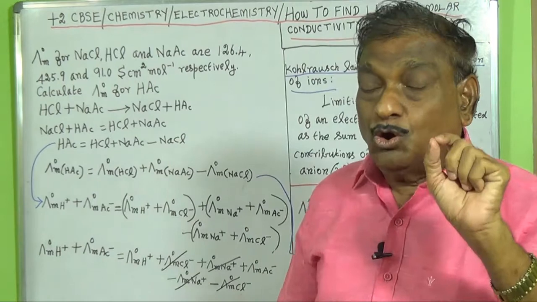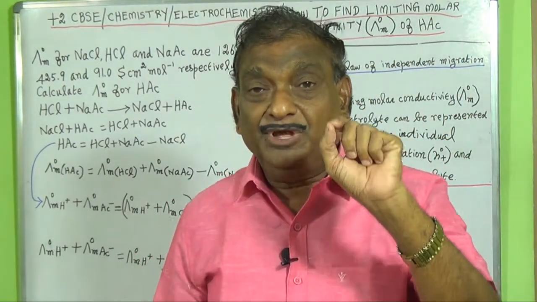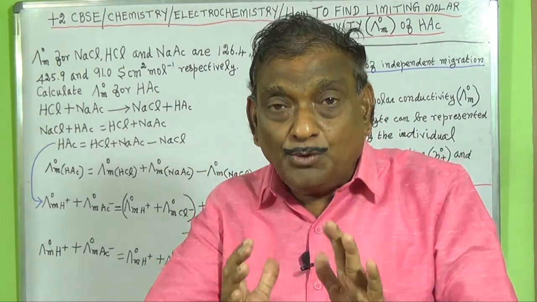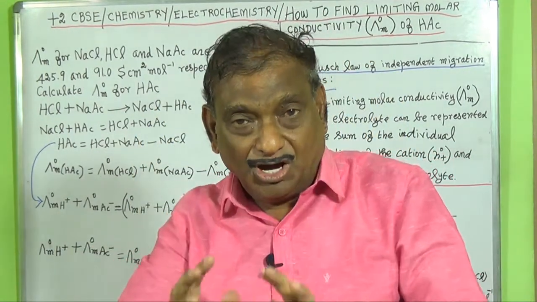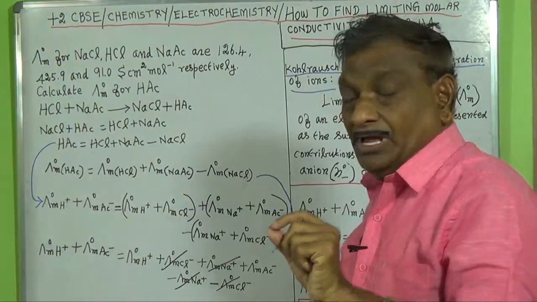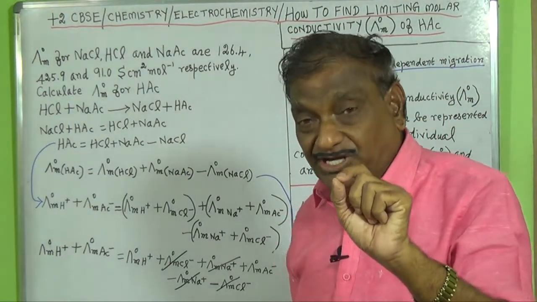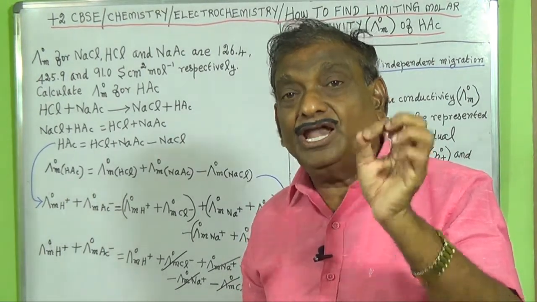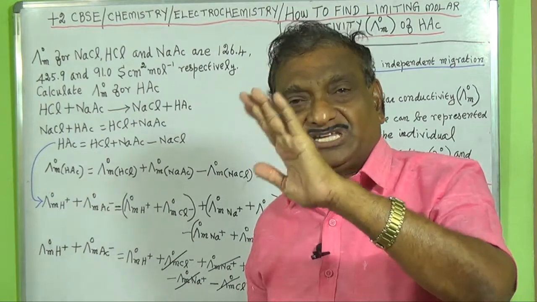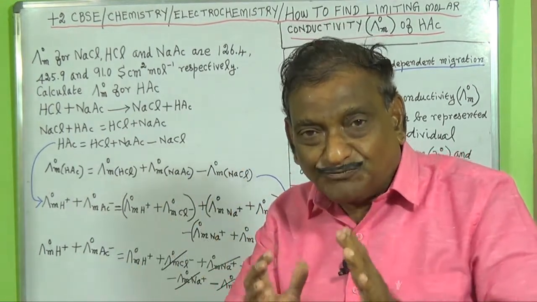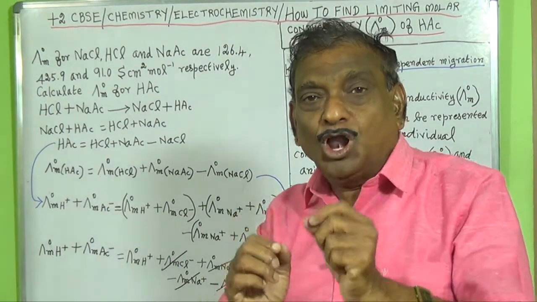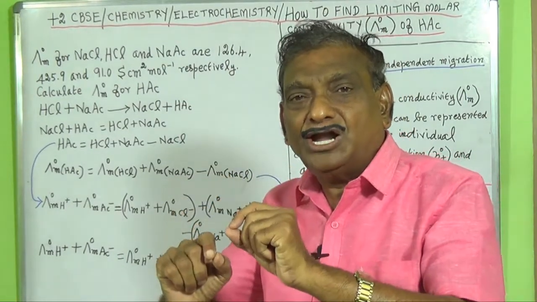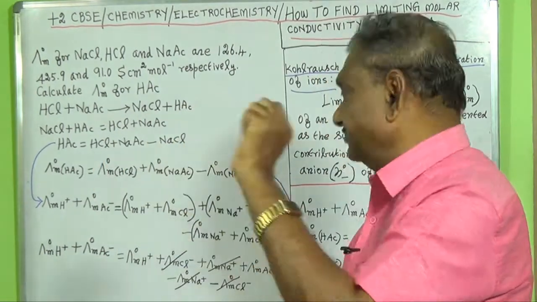What is the Kohlrausch law of independent migration of ions? The Kohlrausch law of independent migration of ions states that the limiting molar conductivity, lambda m naught, of an electrolyte can be represented as the sum of the limiting molar conductivities of the cations and the anions of that electrolyte.